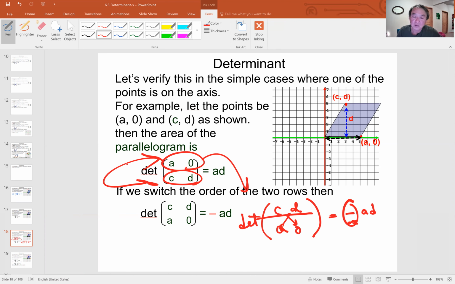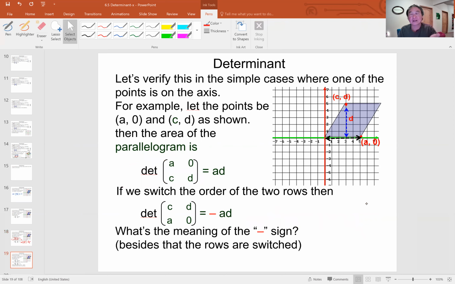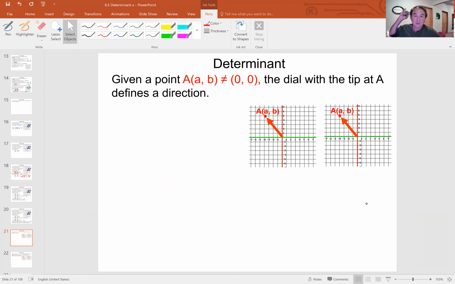So what's the meaning of that? Well, that minus sign actually tells us the relative positions of the two points. So here is what a minus sign means.